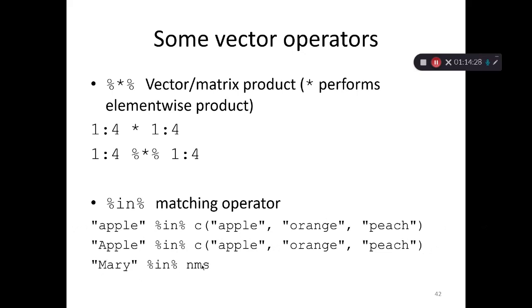You can also, of course, use the names vector to inquire whether the name Mary is included in the vector names. You can experiment a little bit with the matching operator yourself to check how it works. And also with the vector product, and you will see that the element-wise product gives you a very different result than the vectorial product.